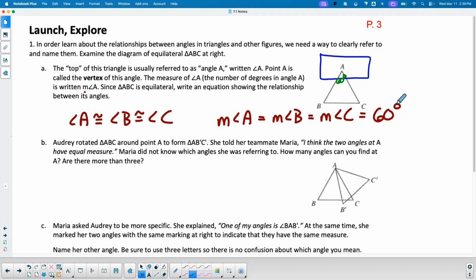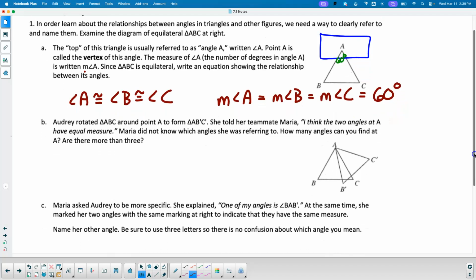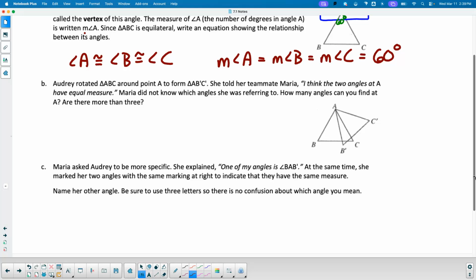But if I have multiple angles there, like we do here at angle A, I've got an angle there, I've got this angle here, and on top of it all, I've got this whole big angle over there.